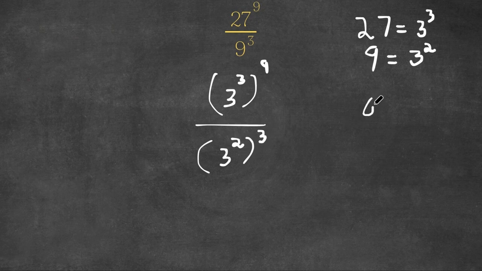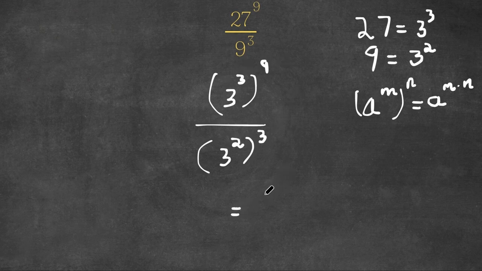Now, if we have something in the form a to the power of m to the power of n, this is equal to a to the power of m times n. So 3 to the power of 3 to the power of 9 is going to equal 3 to the power of 3 times 9, which is 27, over 3 to the power of 2 times 3, which is 3 to the power of 6.